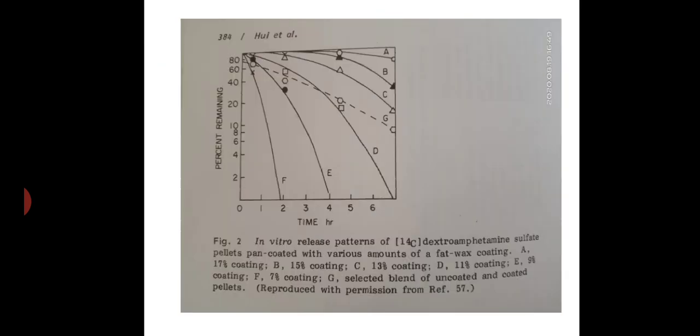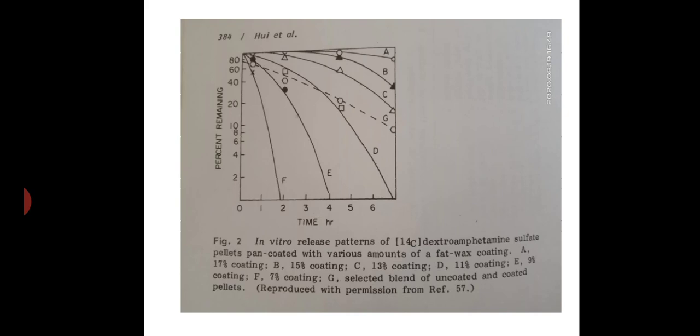Now this is a schematic or graphical representation of percentage of drug remaining versus time. This is an in vitro drug release pattern for the percentage of drug remaining within the delivery system after a period of time. The y-axis shows the percentage remaining and the x-axis shows the time.